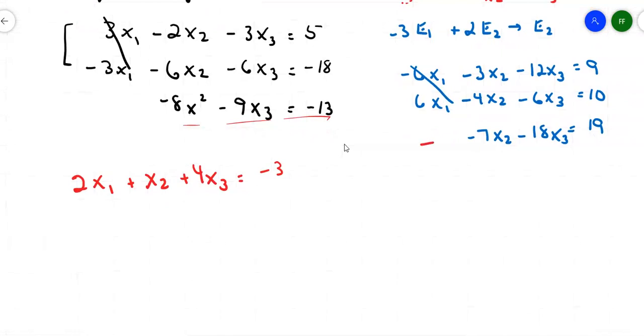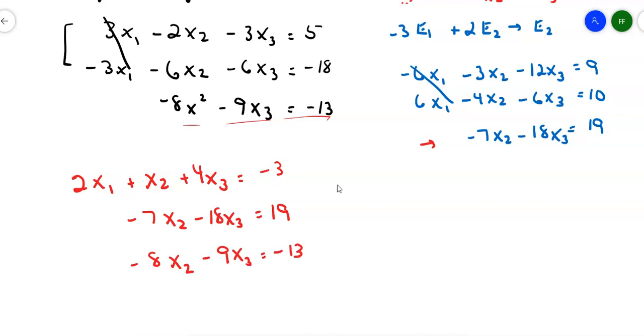We're going to put this guy in here for line 2. So negative 7x sub 2 minus 18x sub 3 equals 19. And then we know what to put in for our line 3. Negative 8x sub 2 minus 9x sub 3 equals negative 13. All right. So there is my system.